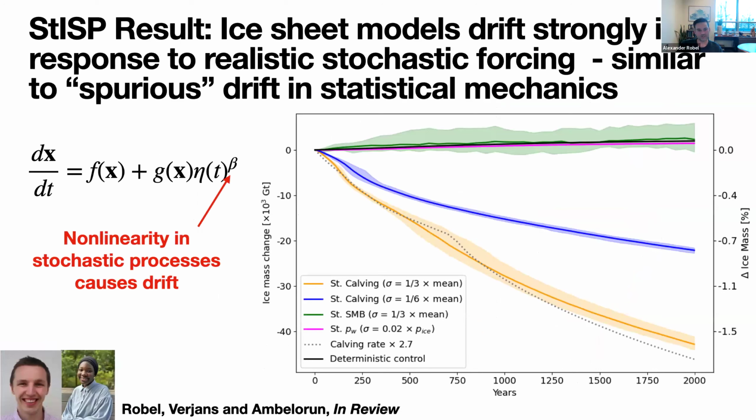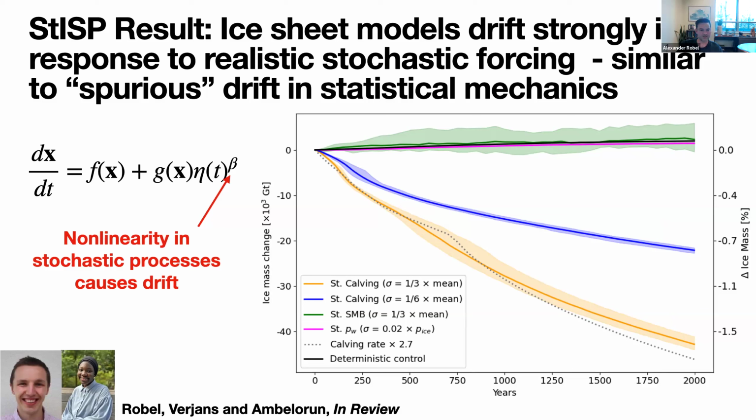The other interesting new result that came out of having access to these stochastic models is that as soon as you turn on stochastic forcing in ice sheet models, as we did once we developed the model that could do this, the models start to drift, and they actually start to drift quite a lot.